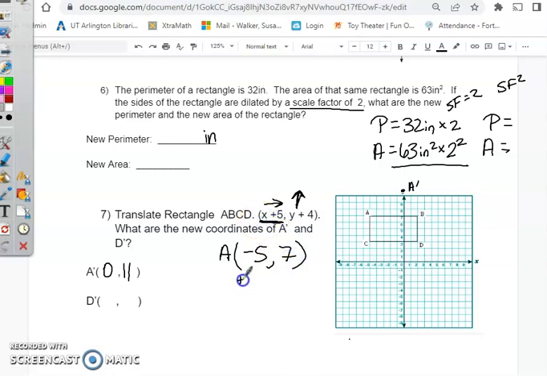X would be +5. Y would be +4. So -5 plus 5, if you punch that into your calculator, is 0. Backwards 5, forwards 5, or down 5, up 5 gets you to 0. 7 plus 4 is 11. That's what we have here. So now your job is to do point D. So I want y'all to do that one.